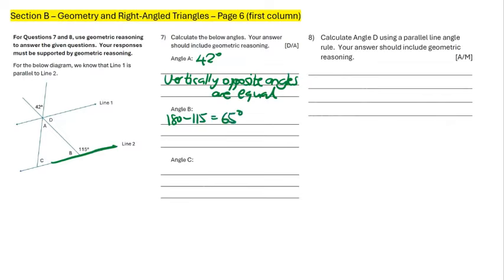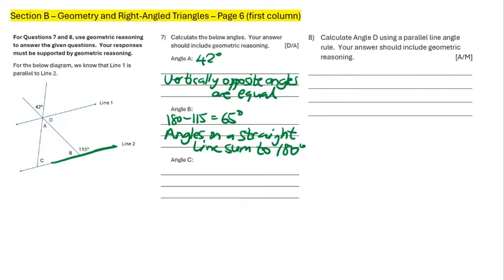So that's my angle for B, and my reasoning: angles on a straight line sum to 180 degrees.